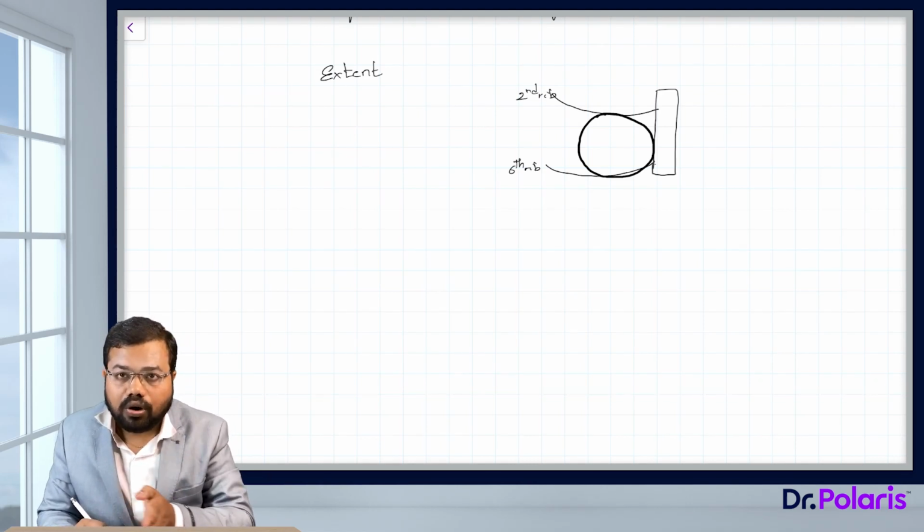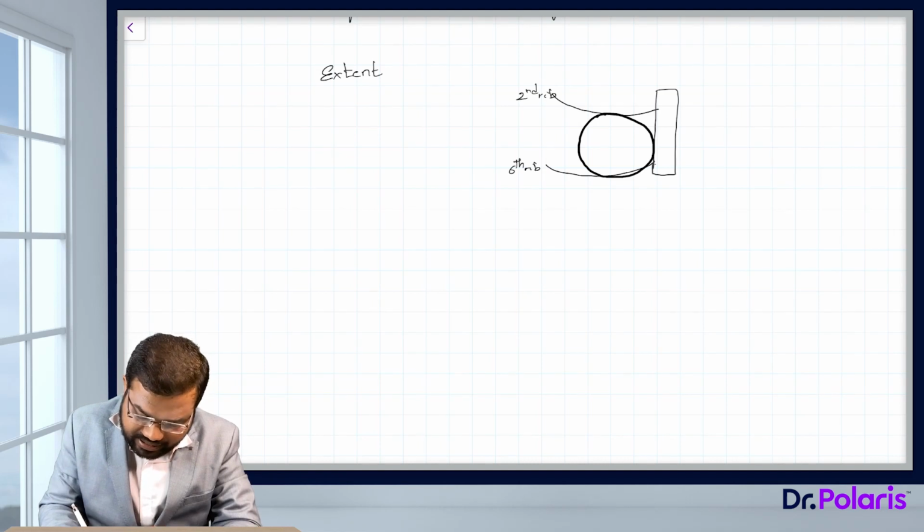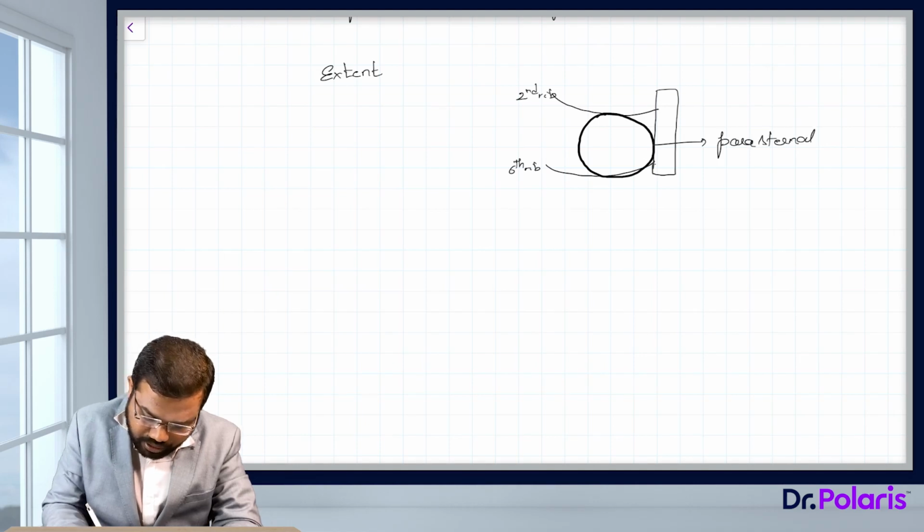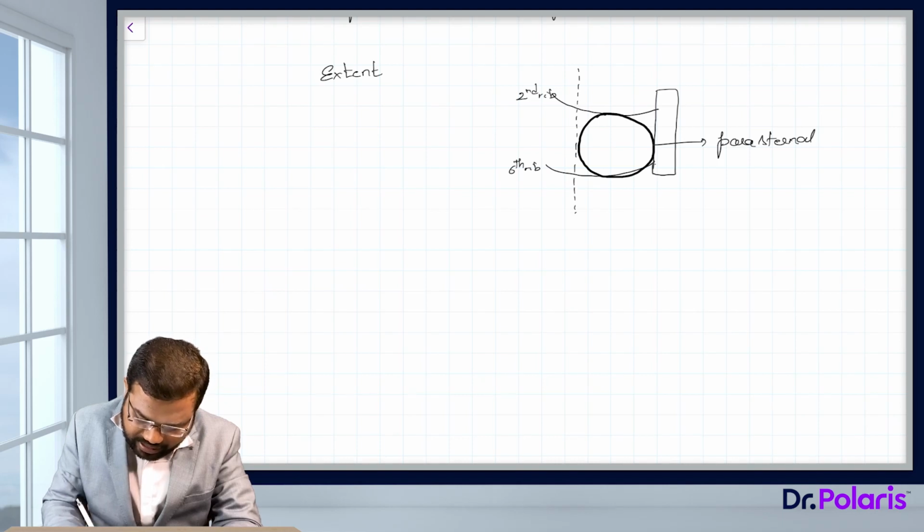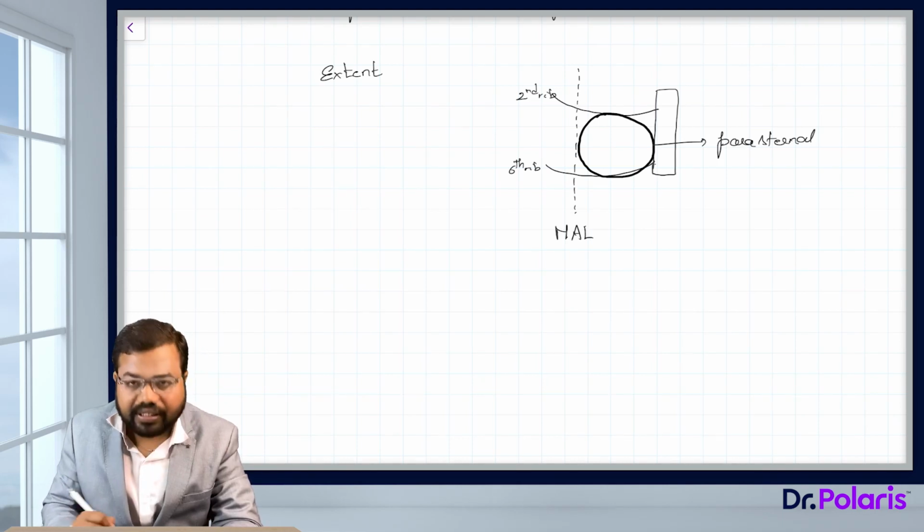Now what about the horizontal extent? It is extending from the parasternal position to a line present in the middle part of the axilla called the mid-axillary line.